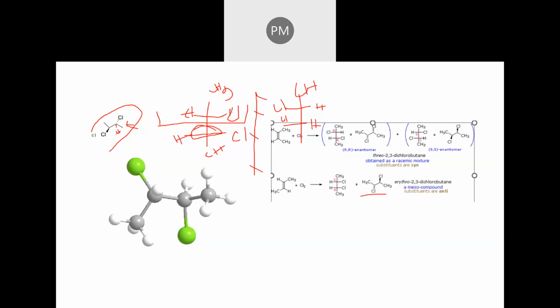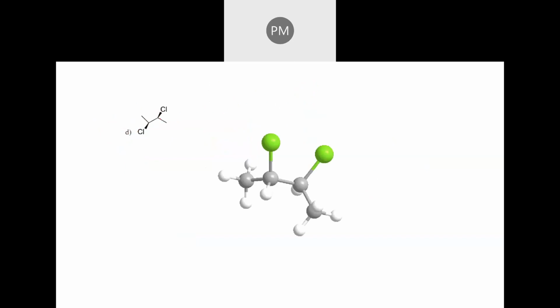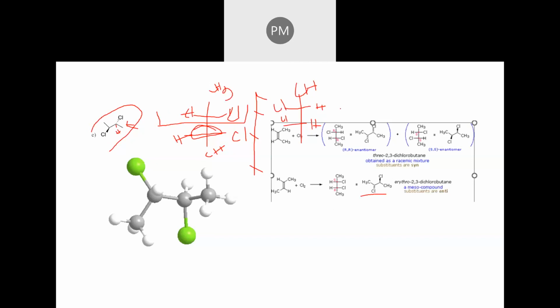And for the next example, one is when all the chlorines in this molecule are in the upward direction. So what will happen? If we draw it like this, then in that case there will be no sigma plane passing through here. So these are not meso compounds.